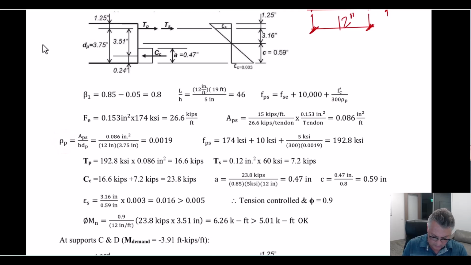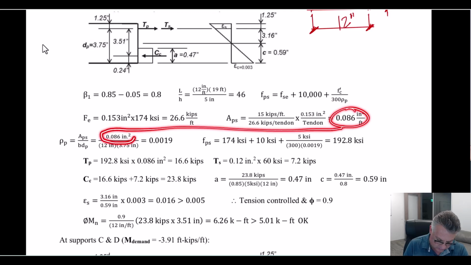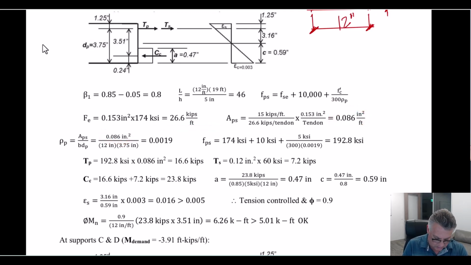So rho P is that 0.086 area of pre-stress divided by 12 inches divided by dp. So dp is 3.75 inches. So we have a rho value of 0.0019, which sets the slab FPS equation to 192.8 KSI.